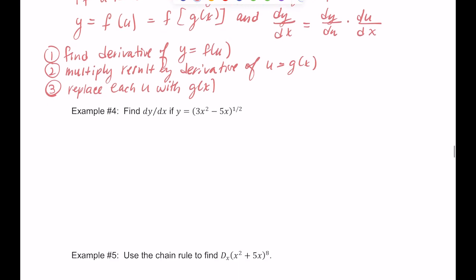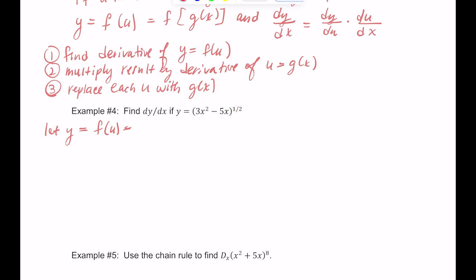Here's an example. So we want to find the derivative of y with respect to x if y equals quantity 3x squared minus 5x to the 1/2 power. So here's one way we can do this. The first thing we're going to do is let y equal f of u. And what would our function be here? This part is going to be the u.